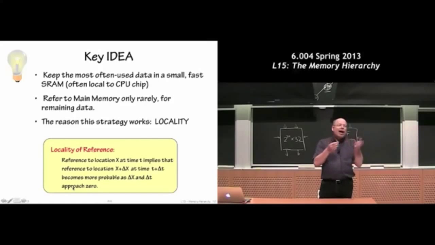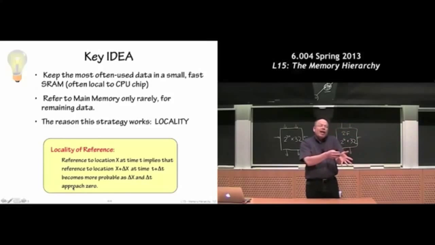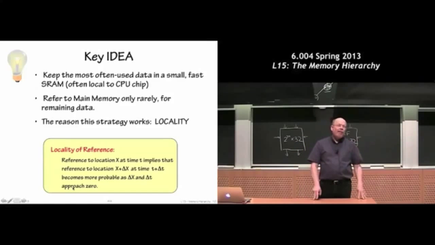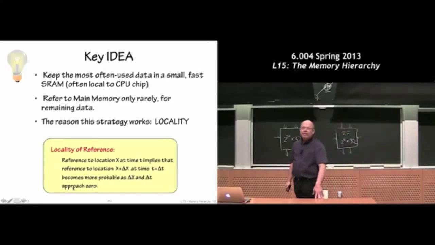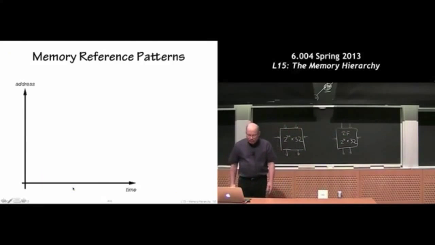In other words, if I'm asking for memory location at location X, in the next cycle I'm very likely to be asking for the one at location X plus 4, particularly if it's instructions. And because of looping and behavior of our programs, if I've asked for an instruction in the past, there's a reasonably good probability that I'll ask for it again in the not too distant future. So we're going to take advantage of that.